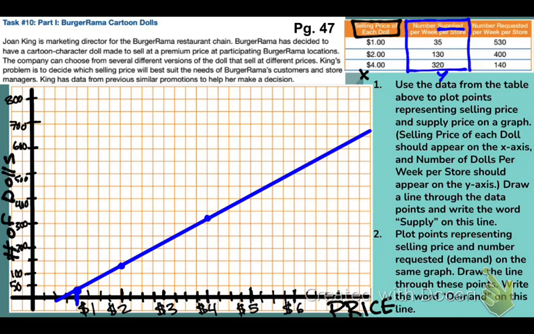And the last piece of instructions in that first one says, write the word supply on it. That's the line that represents supply. Anyone else need a ruler?